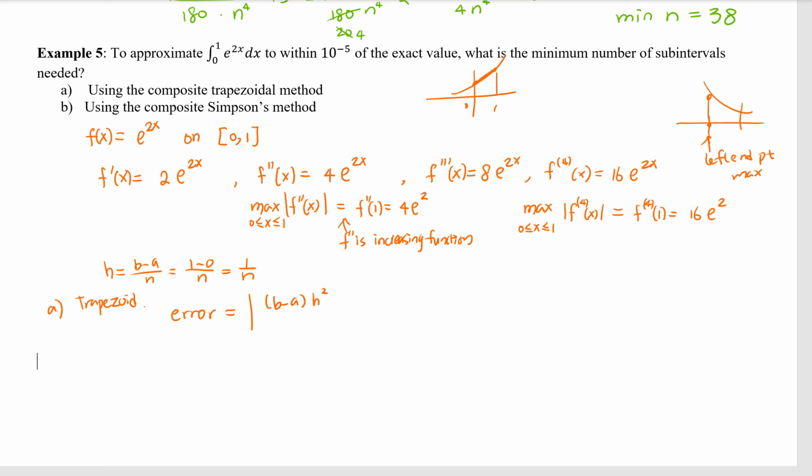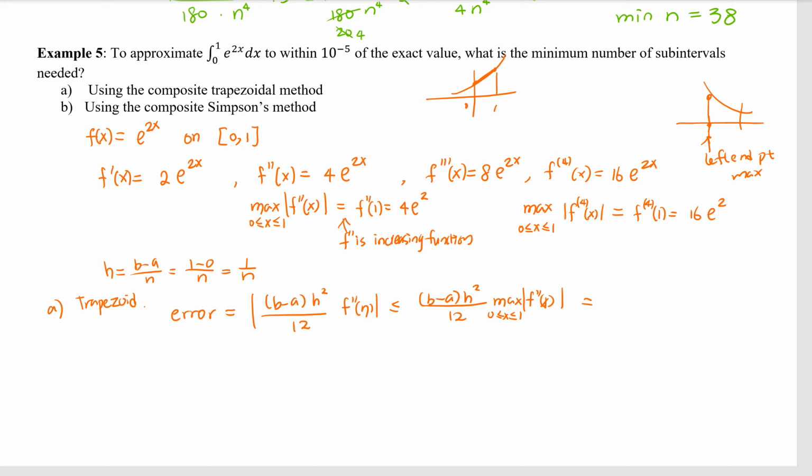It is (b minus a) times h squared over 12, and then we can actually do one more step. It is bounded by this guy times the maximum of the second derivative, where x is between 0 and 1. Okay, so far so good, everybody?